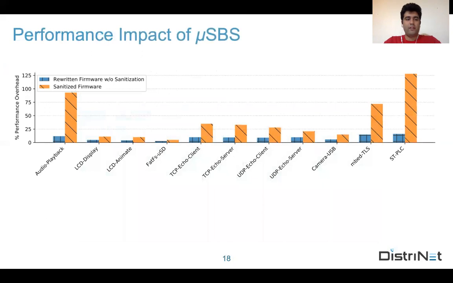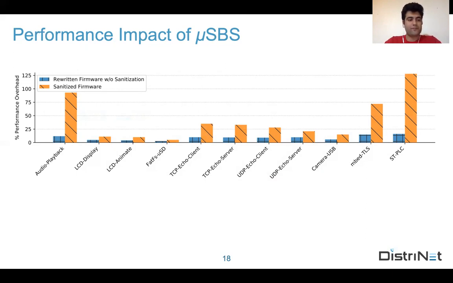For evaluating the performance impact of MicroSBS, we consider 11 firmware that are developed by STMicroelectronics, and for each one of them we instrument them without sanitization with MicroSBS and also with sanitization with MicroSBS. For the firmware that are instrumented without sanitization, the average slowdown was about 88%.